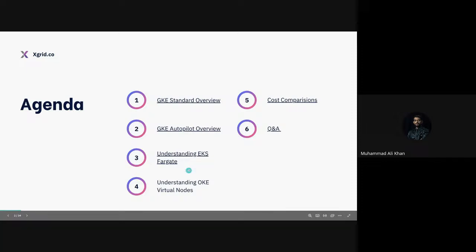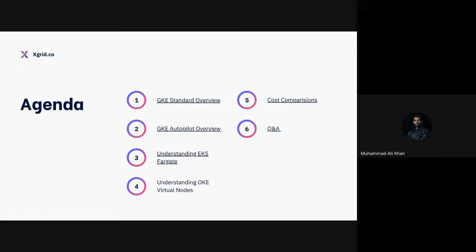So, mainly, there are two types of offerings today. There is a managed Kubernetes offering like GKE Standard, EKS, Elastic Kubernetes Service, Azure Kubernetes Service, which are fully managed control plane where the provider handles tasks like control plane management, high availability, and upgrades of your control plane nodes.